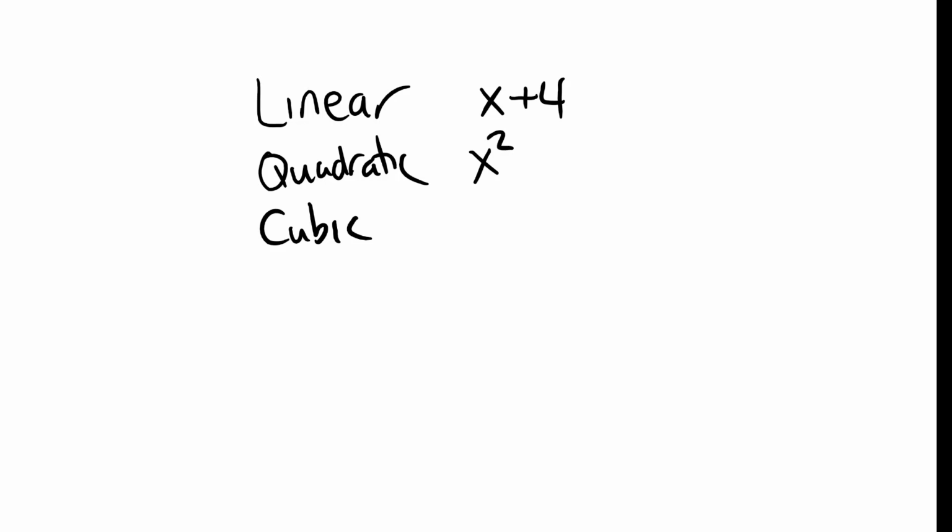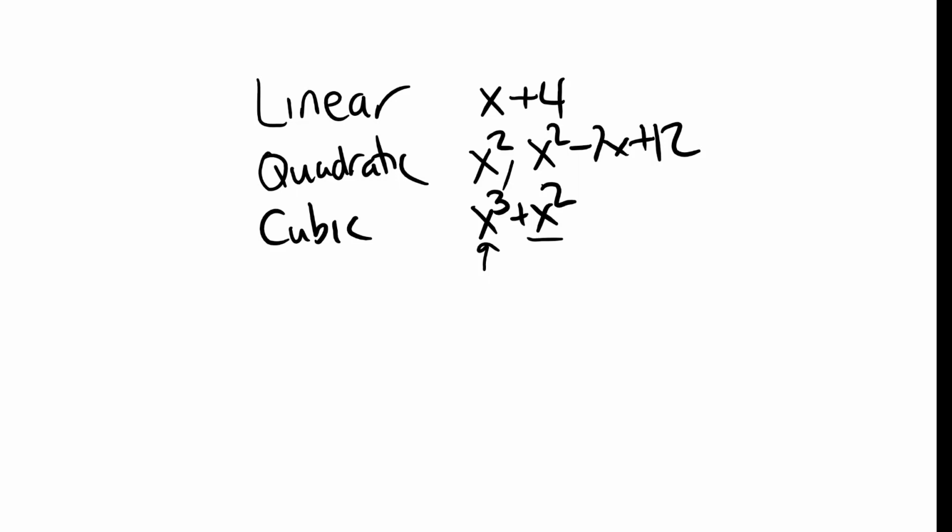So x squared would be a quadratic, but x squared minus 7x plus 12 is also a quadratic because its biggest power is 2. And then cubic would just be biggest power is 3. So x cubed plus x squared would be cubic even though it has an x squared in it because the biggest power is 3. All right.